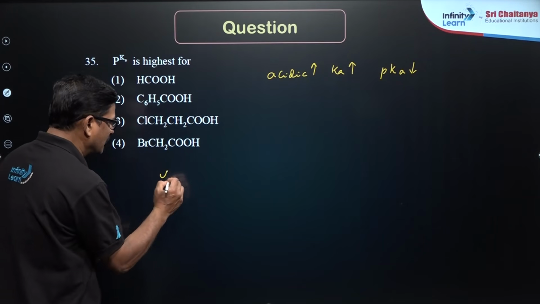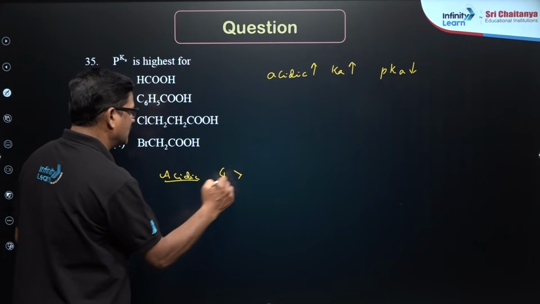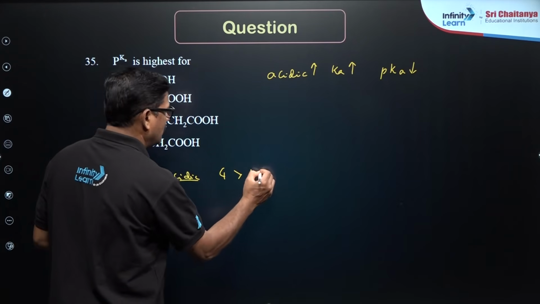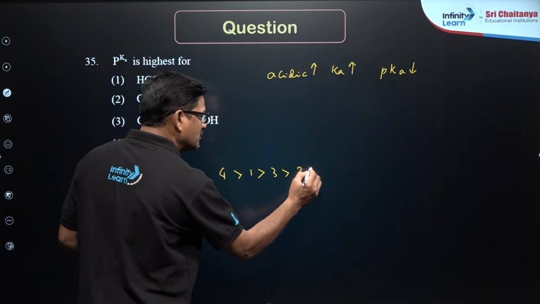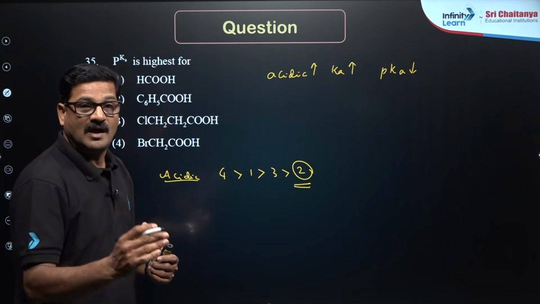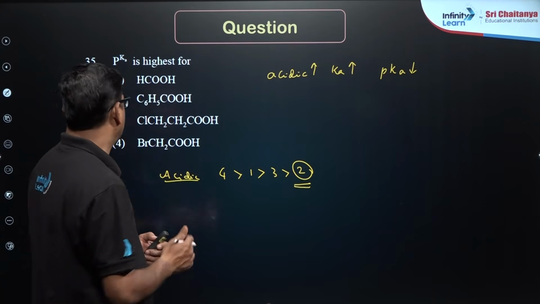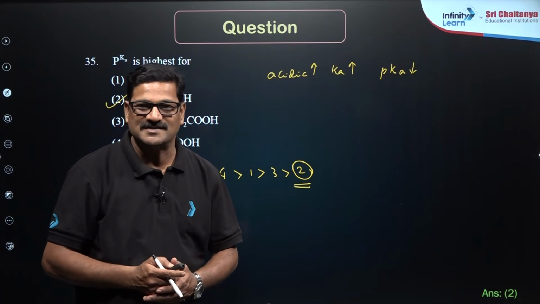So, acidic strength is going to be 4 is greater than 1 is greater than 3 is greater than 2. Benzoic acid is the least acidic and has the highest pKa value. So, the answer for this question is option 2.